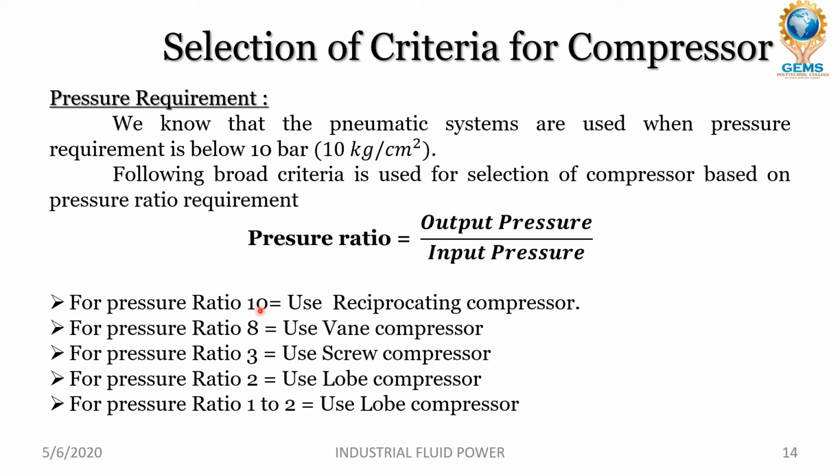For a pressure ratio of 10, we can go for a reciprocating compressor. If the pressure ratio is 8, we can go for a vane compressor. If it is 3, a screw compressor. If it is 2, a lobe compressor. If the pressure ratio is 1 to 2, we can use a lobe compressor.